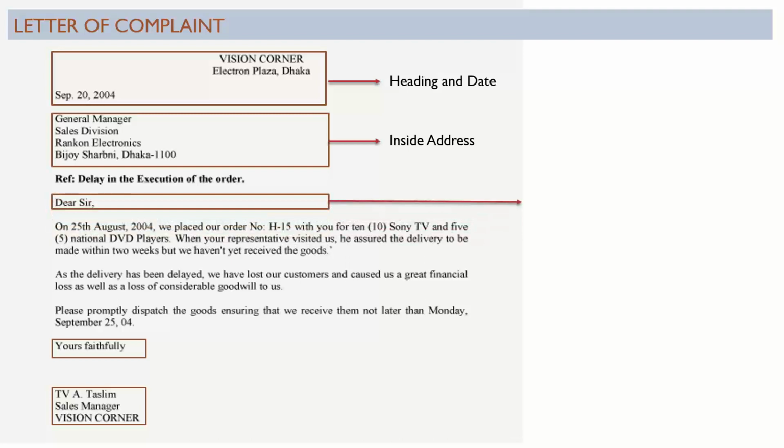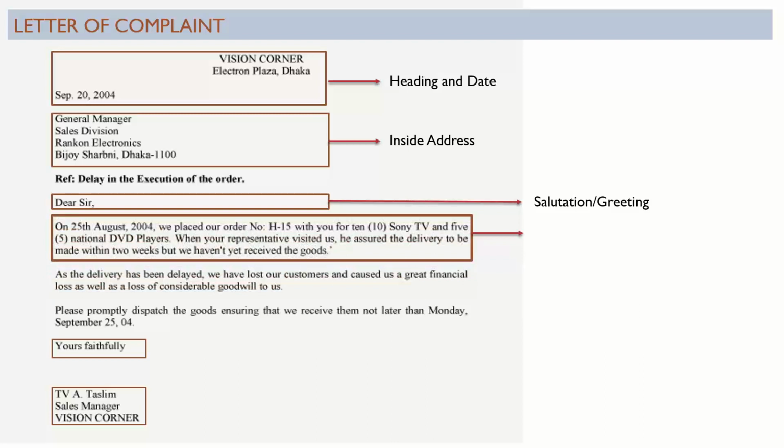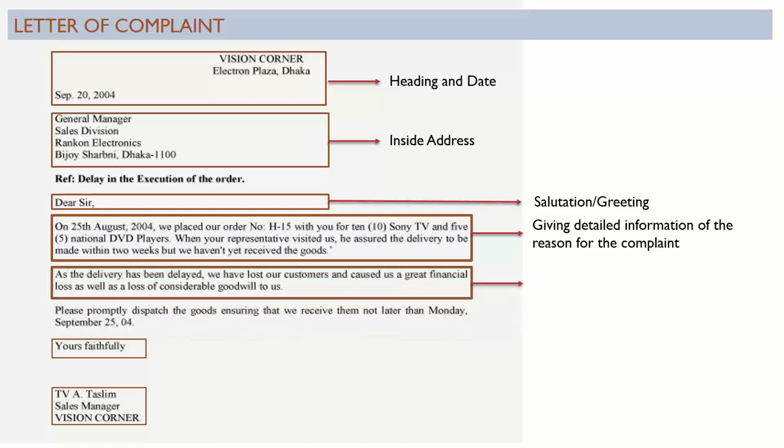When we give this to the student, they realize that there is salutation and greeting section. This part, which is very important, the student named this, giving detailed information of the reason for the complaint. It means in this part of this complaint letter, enough information has been given about the reason why this person is making a complaint.